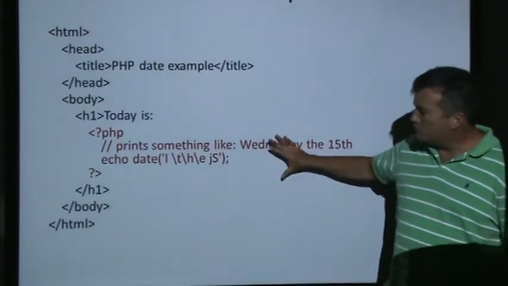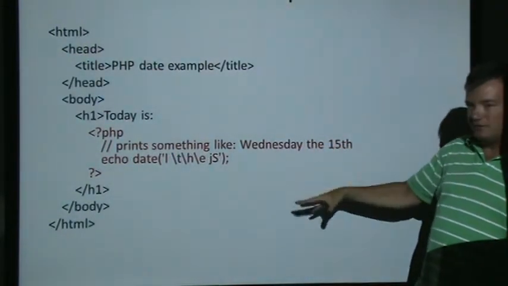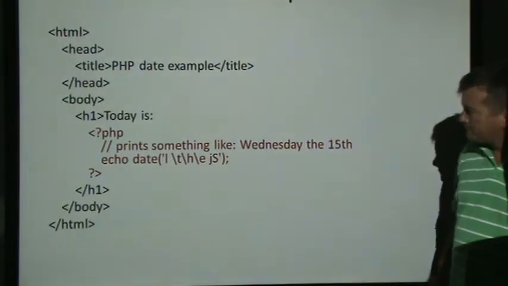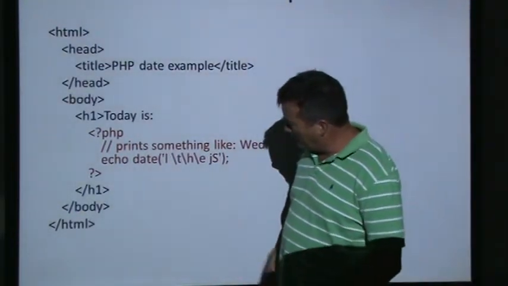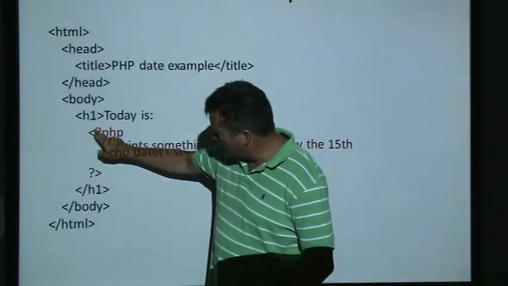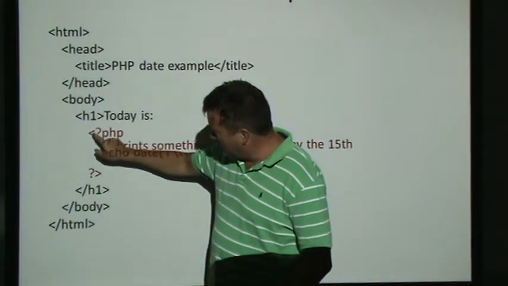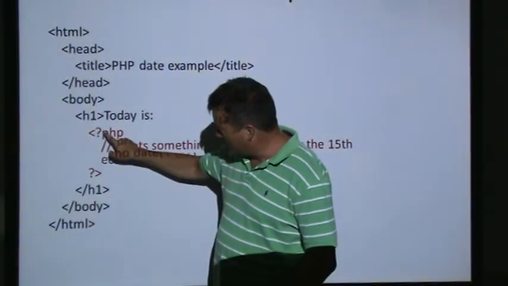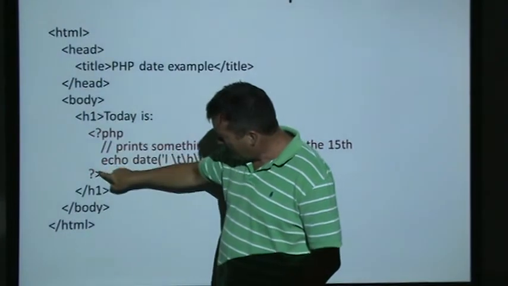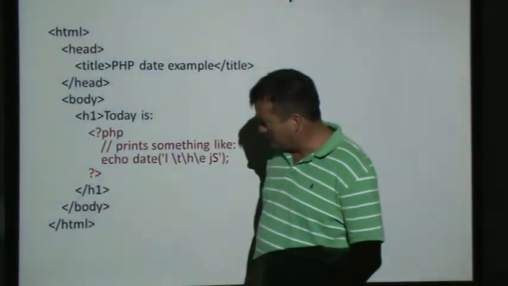But if we wanted it to constantly change as the server's clock changed, we could use a PHP block, which is delimited by less than, question mark, PHP, and ends with a question mark, greater than sign.